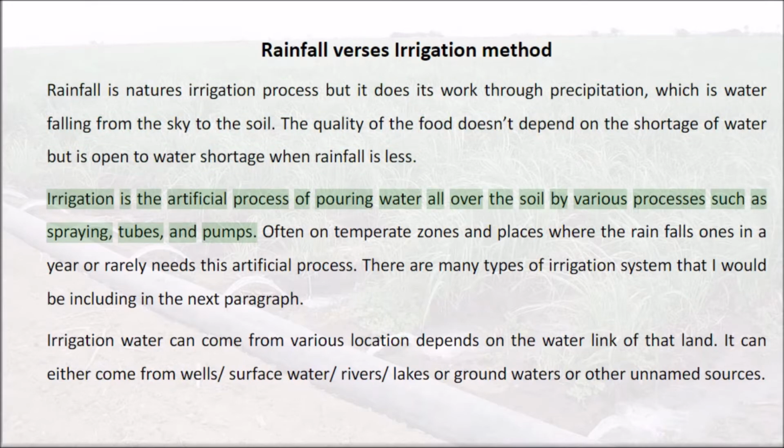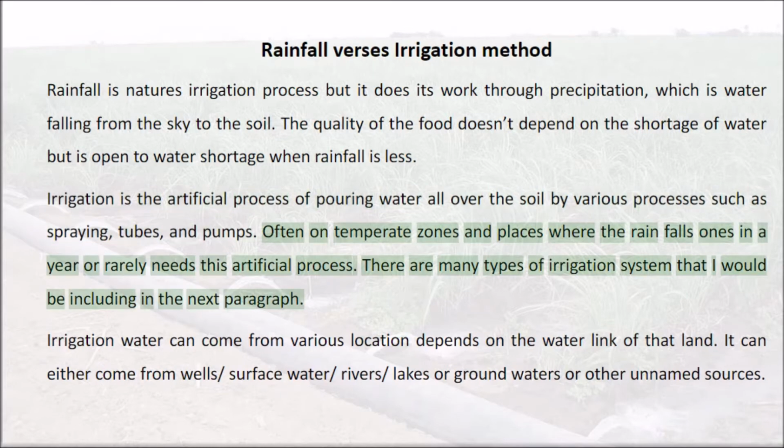Irrigation is the artificial process of pouring water all over the soil by various processes such as spraying, tubes, and pumps. Often in temperate zones and places where the rain falls once in a year or rarely, this artificial process is needed. There are many types of irrigation system that I will include in the next section.